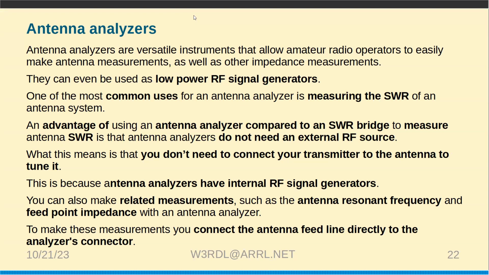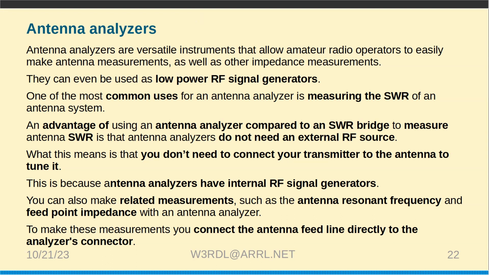Okay, antenna analyzers. I guess these are more generically called vector network analyzers, but they sell a lot of them as antenna analyzers, which don't do all of the things that a real vector network analyzer can do.